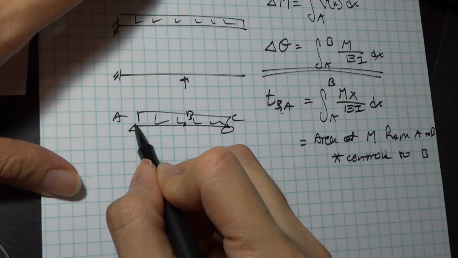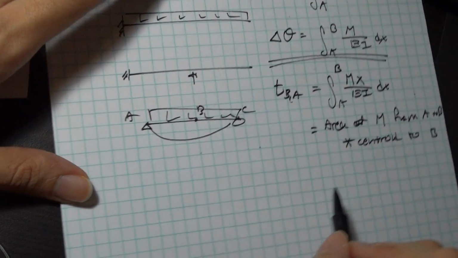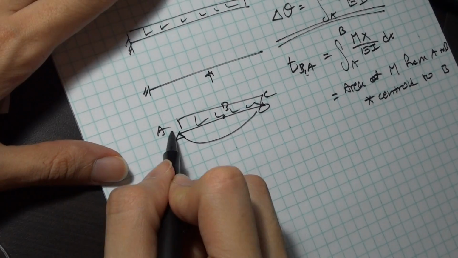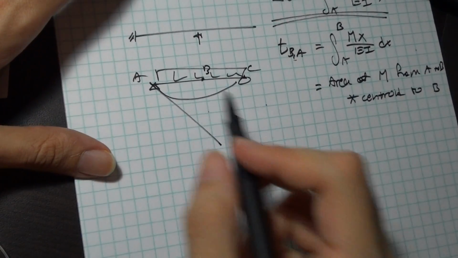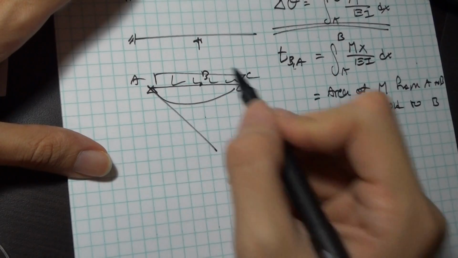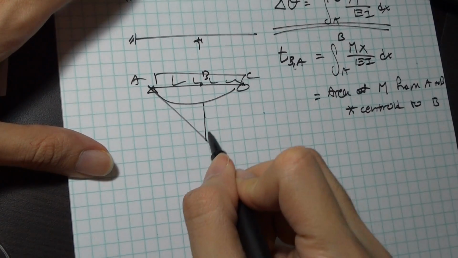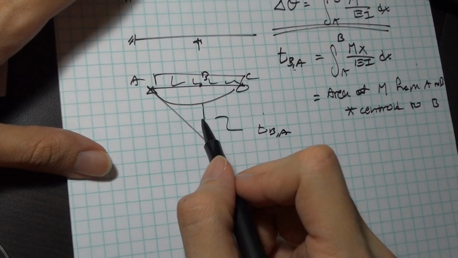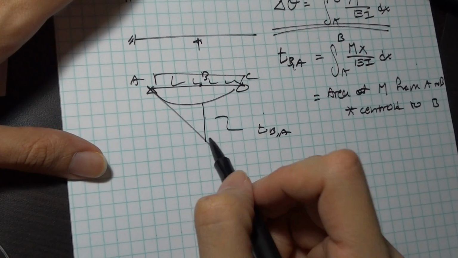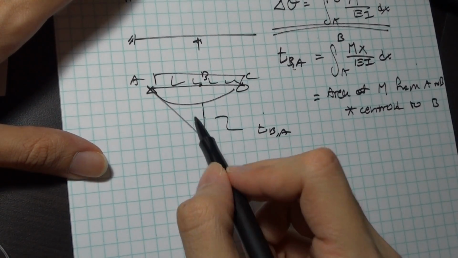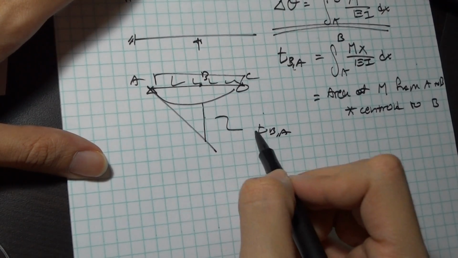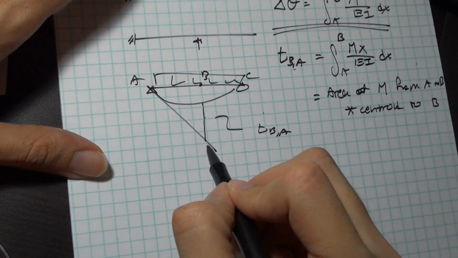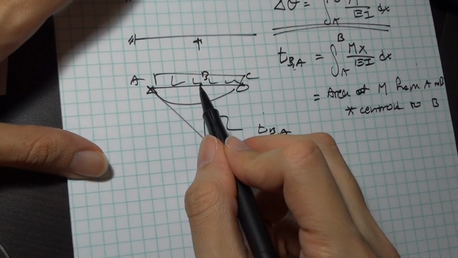My deflected shape would look something like this. This is the tangent at A. This is TBA. It's the distance from the tangent at A to the deflected shape at B.